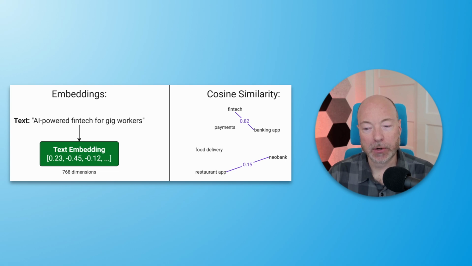There's almost no similarity. So this might return something like 0.15. Payments and food delivery, right, are somewhat related because usually payments is like an aspect of a delivery app like that. A restaurant app is probably pretty close to a food delivery. Anyway, so there's sort of a high-level visualization. But again, we're going to be dealing with much more complex vectors.